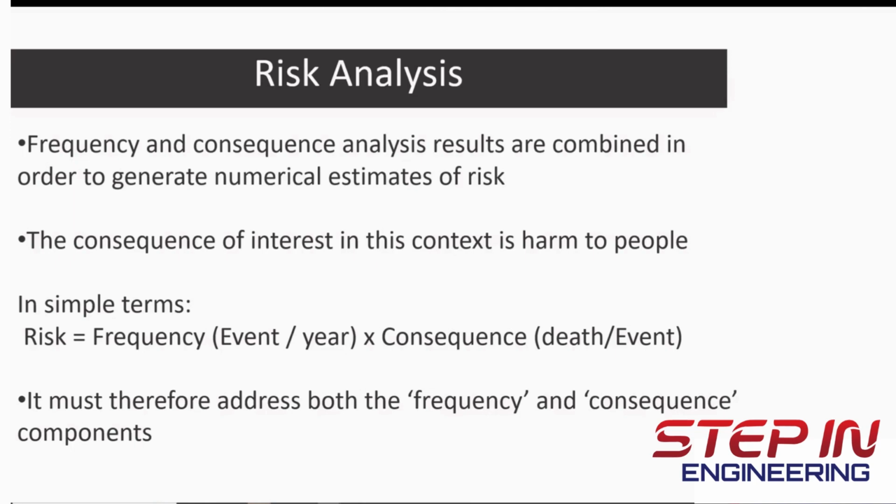Once a material is released to the atmosphere, you will be exposed to a fire, a toxic, or an overpressure explosion, correct? Whenever a material is released to the atmosphere, if you get a fire source, then the material will catch fire. If a fire catches and any people die, then how many people die?